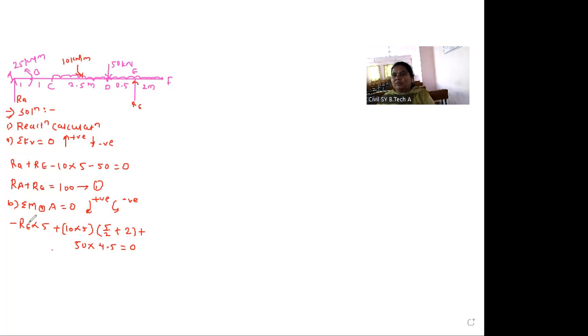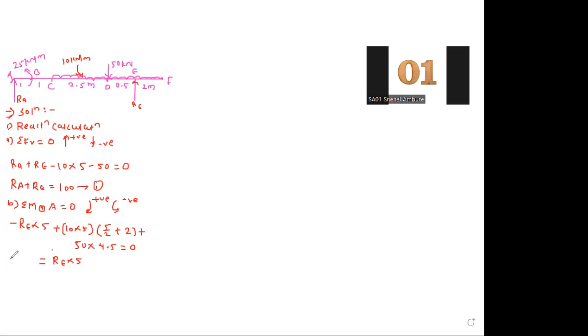Now we shift this minus RE into 5 to the right side. So what remains here? 10 into 5 by 2 plus 2, plus 50 into 4.5. You do the calculation for this and tell me how much. 425, something like that? 450. 450.